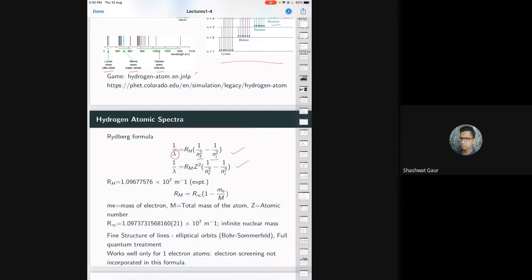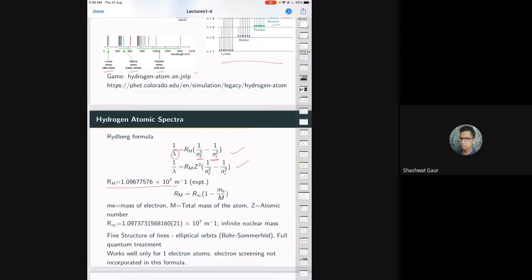So what he said was that there is a final energy level, Nf, and an initial energy level, Ni, and the difference of 1 by Nf square minus 1 by Ni square, multiplied with a constant, which again he determined from experiments, gave you the inverse of the wavelength of the line that you found in the experiment. So he observed this, okay.